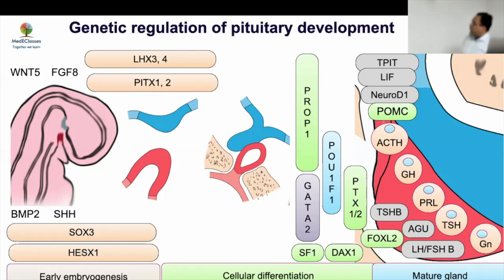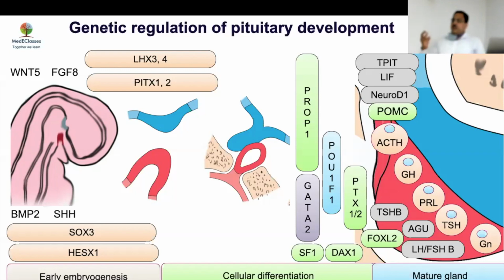From there, you have got the POU1F1, which regulates the 3 important ones, GH, PRL, and TSH, GATA2, SF1, DAX1, which regulate gonadotrophin, and you've got TPIT, which is regulating the adrenal. So this whole genetic axis is quite complex to understand. If you have got facial abnormalities with anterior and posterior involvement, think of SOX1, SHH, think of PITX1 and LHX3.